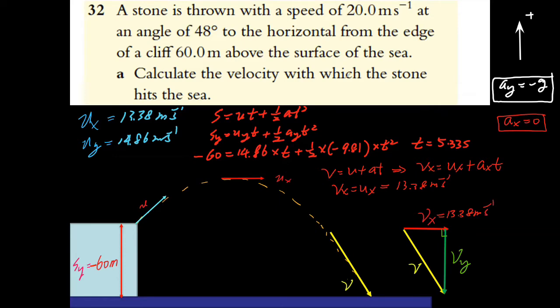In a similar manner, let us find the vertical component of the final velocity. Let us write it down. Y component, vy equals uy plus ay t.